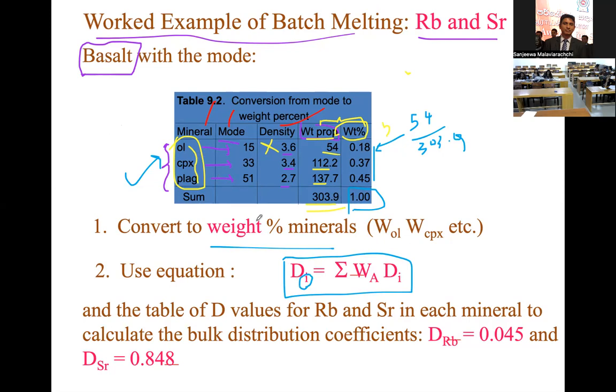For that, you need the composition, right? The weight percentage. So that's why we consider the weight percentage here. And this weight percentage is multiplied with its individual partition coefficient. Its individual partition coefficient means the partition coefficient you are given in a table for each element, right? I think you can remember we did some examples.